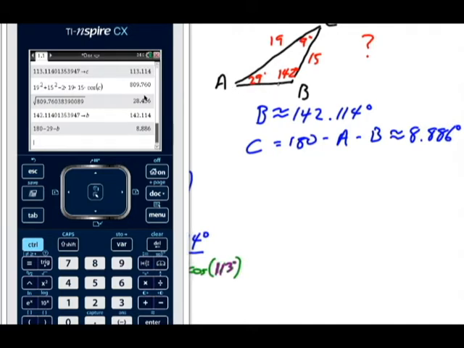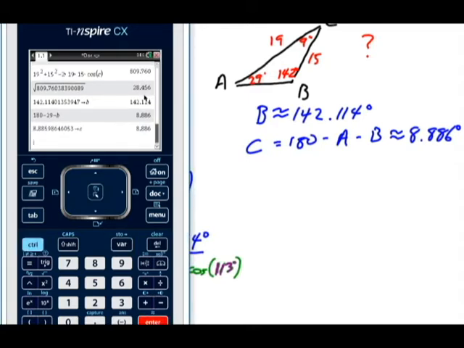So our final step is to find the revised side C. Once again, I'll store my new angle C as a variable to maintain accuracy. And now we'll go to law of cosines.